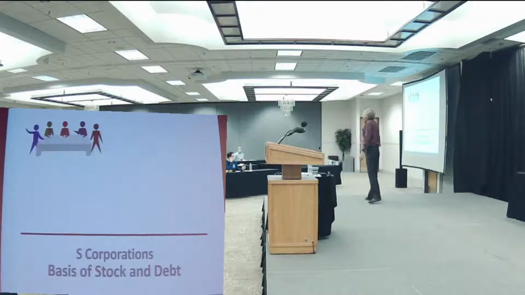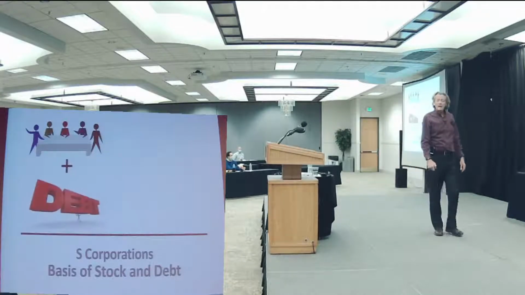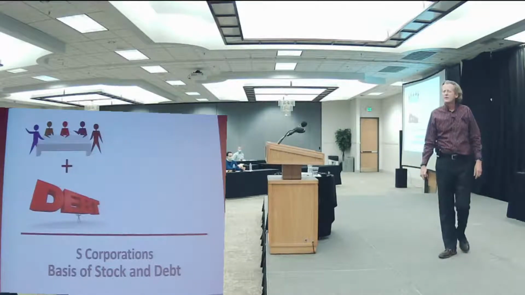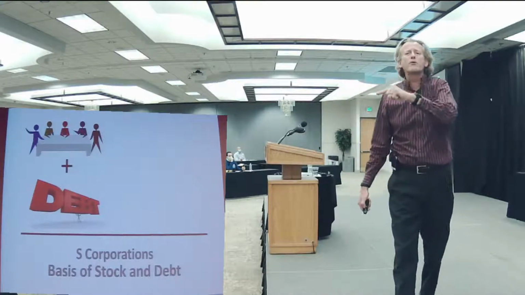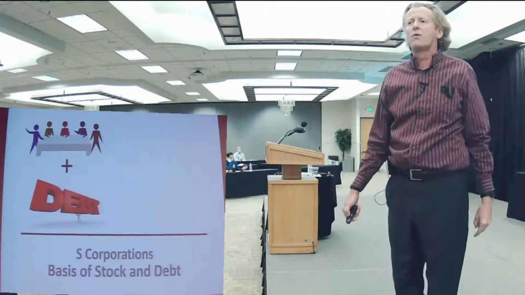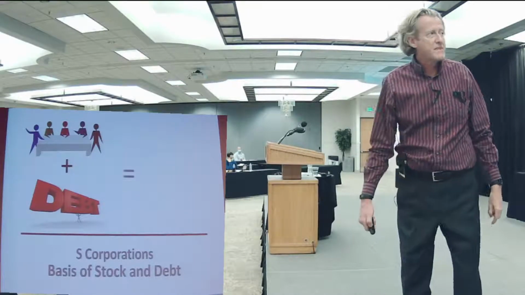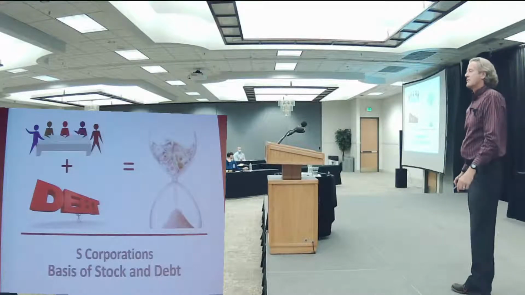You only get basis for what you put in, and for your stock, and for debt, but not debt of the S corp. Only for money that you personally directly loan bona fide to the S corp. That is the basis you get to have in order to deduct your losses.